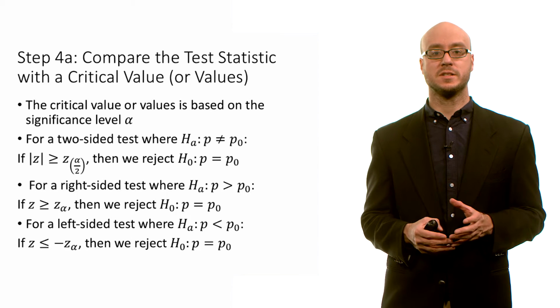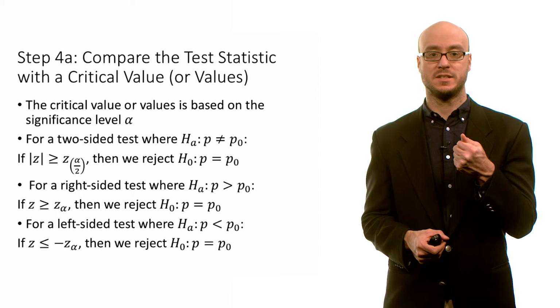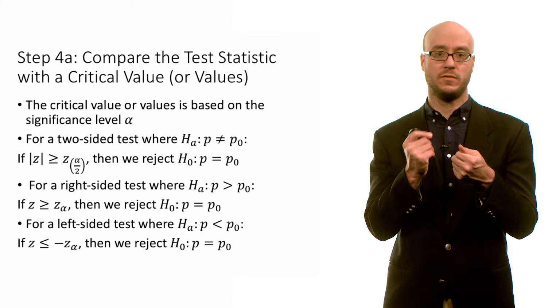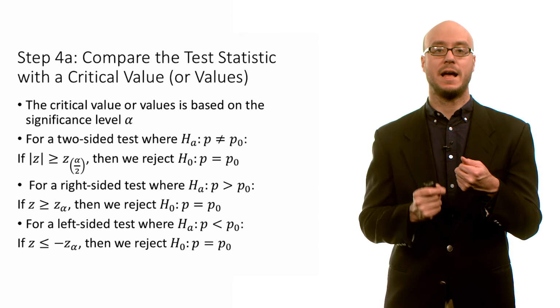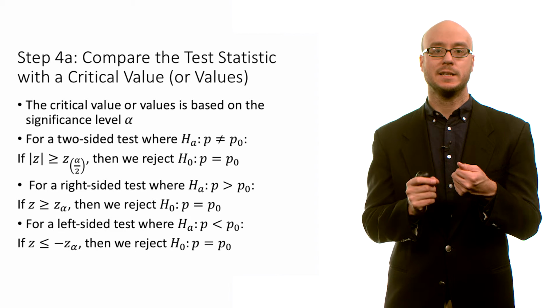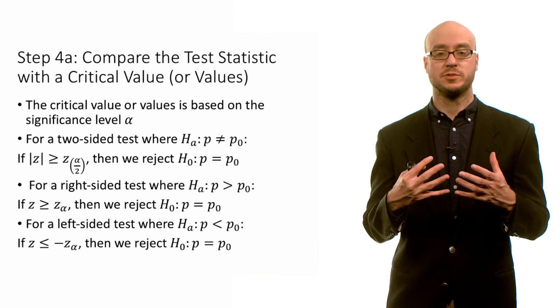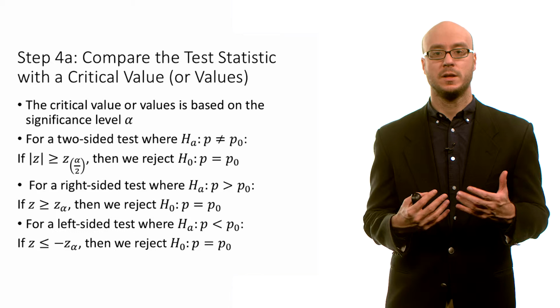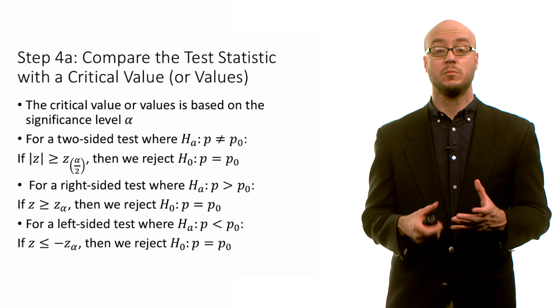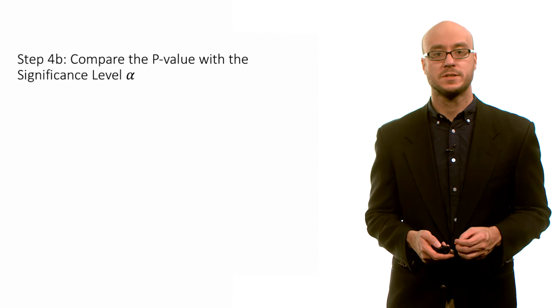For each of these instances, we compare our z-test statistic to some critical value based on alpha. And the basic idea is that if our test statistic lies in a rejection region, if it is more extreme than the critical value, then we can reject the null hypothesis.